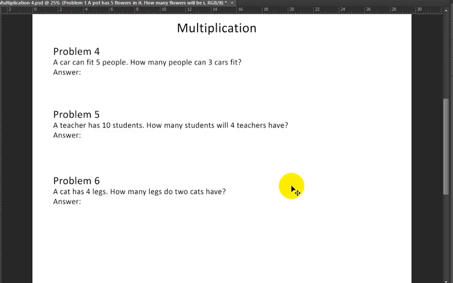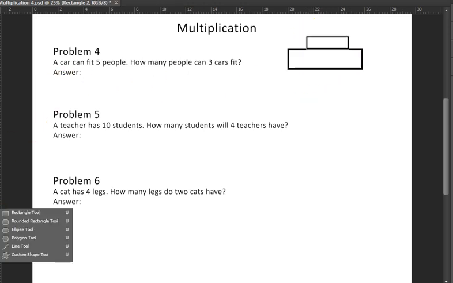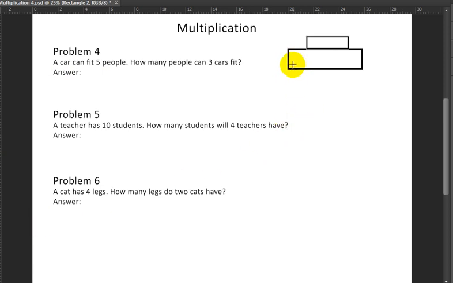Let's move on. Problem number 4. A car can fit 5 people. How many people can 3 cars fit? All right, well, it's a bit difficult to make a car right now, so we're going to pretend, well, no, we can. We're going to pretend that this is a car. All right, I'll even give it wheels. There we go.